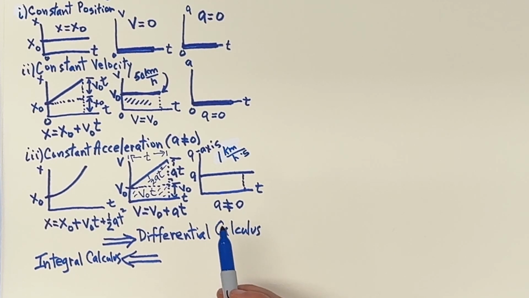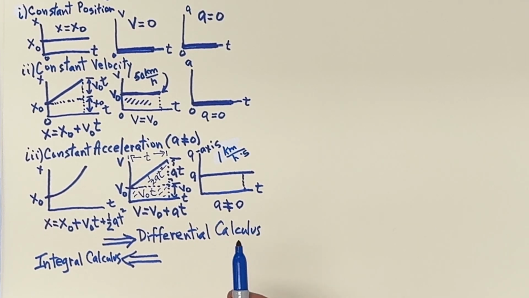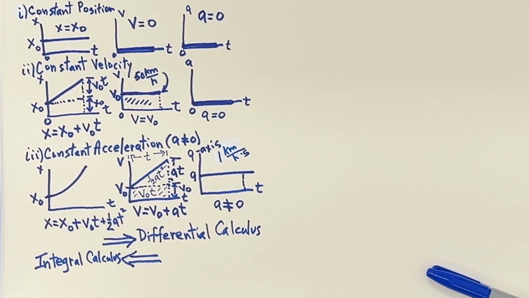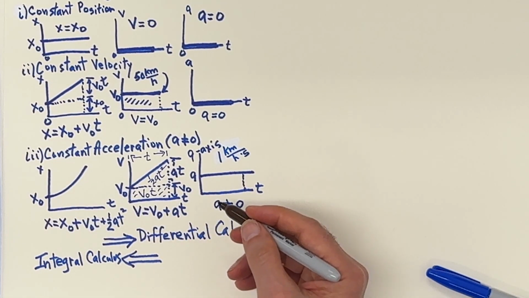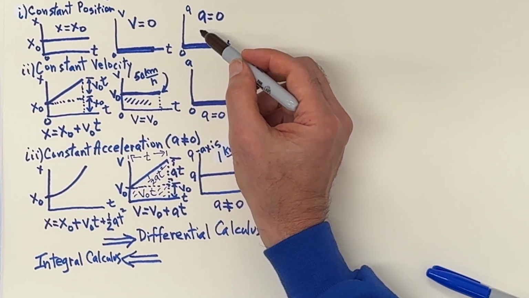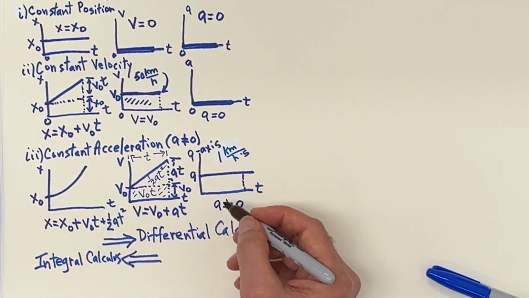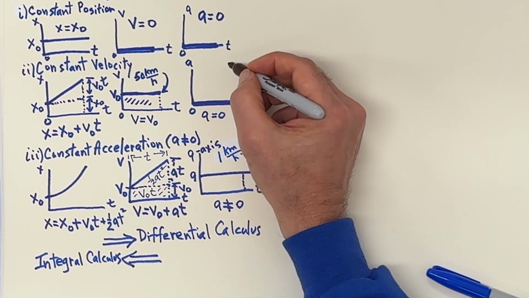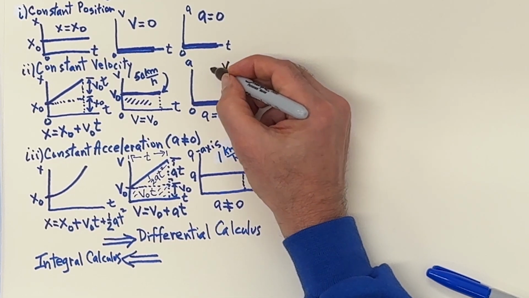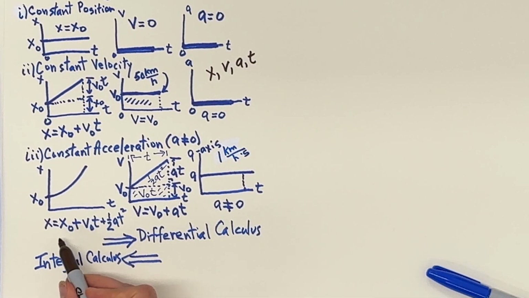Now, it would be nice to have two more equations. If you look at the equations we have so far, let's look at our parameters. We have x, v, a, and t.